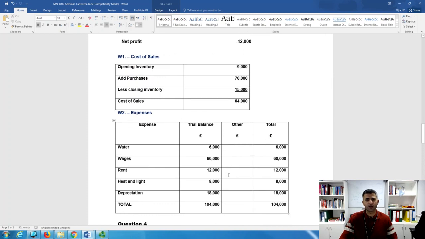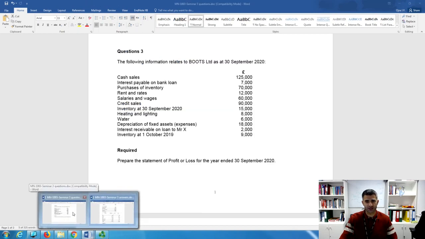If you look at the cost of sales, we need the formula, which is opening inventory plus purchases minus closing inventory. So it's nothing really challenging here, you just need to copy the numbers from the trial balance, which is opening inventory 9,000. It's in the question. If you go back, you see here it's 9,000.